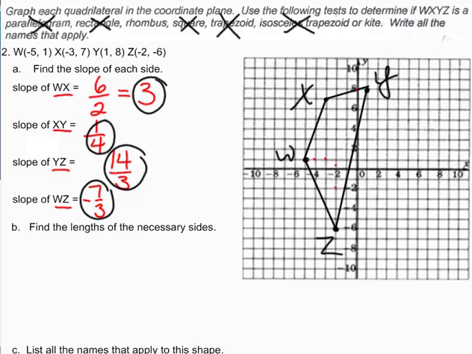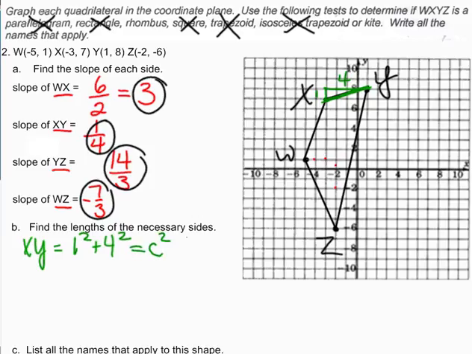Let's find the length of XY first. So I'm going to make my triangle. This is 1, and this is 1, 2, 3, 4. So in order to figure out XY, we have to do the Pythagorean theorem. So, 1 squared plus 4 squared equals c squared.